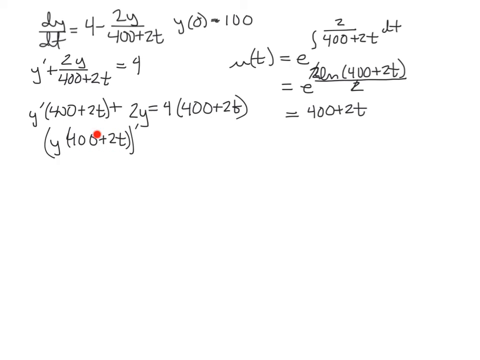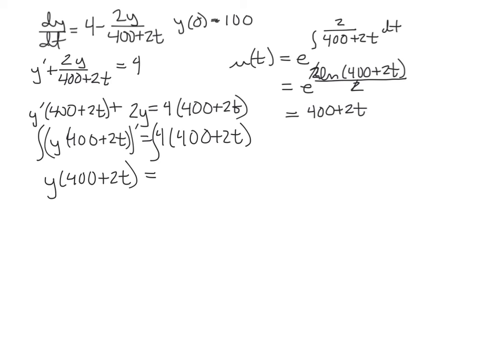Derivative of 400 plus 2t is 2. Okay, ready to move on. And actually this side just stays the same. Integrate both sides. Integral and derivative undo each other. Is that right? That's right.